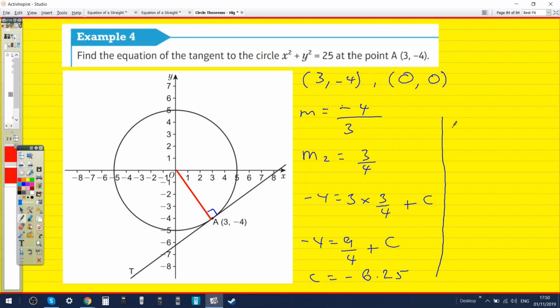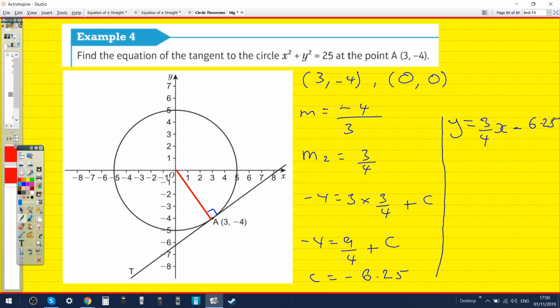And then so Y equals 3/4 x plus minus 6.25.